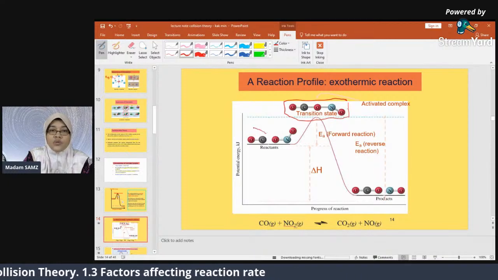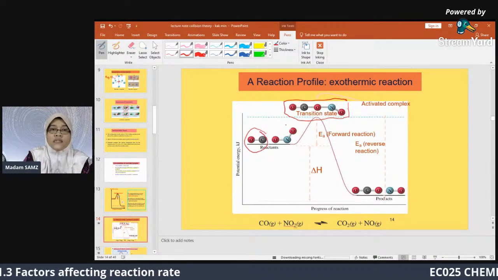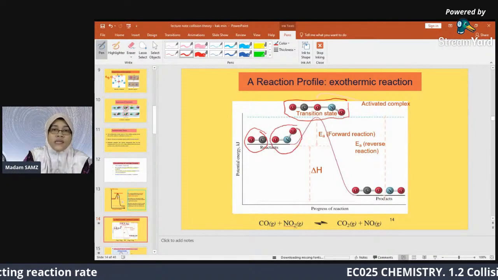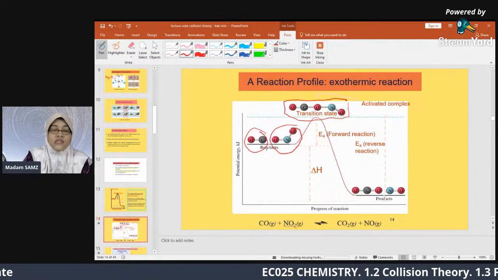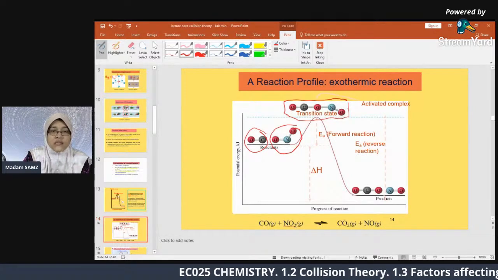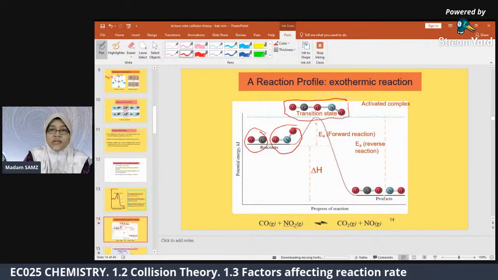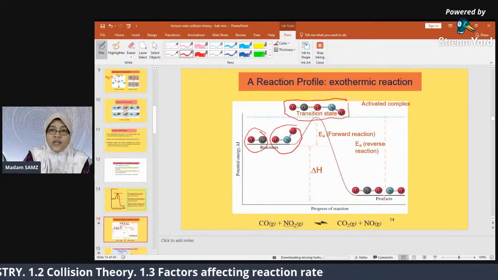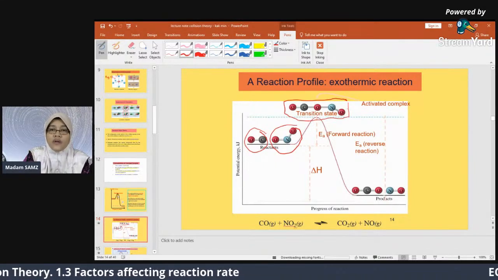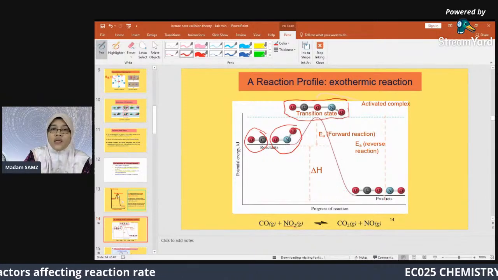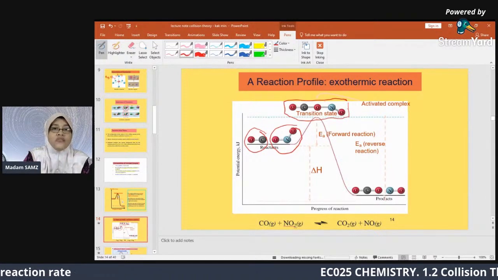We have two types of reactant: one is carbon monoxide, one is nitrogen dioxide. These two reactants collide, and during this transition, which is the activated complex, if the activated complex has the correct orientation, it will form a product. If not, it will reform back to be reactants.